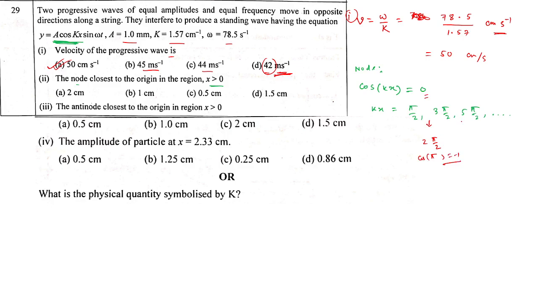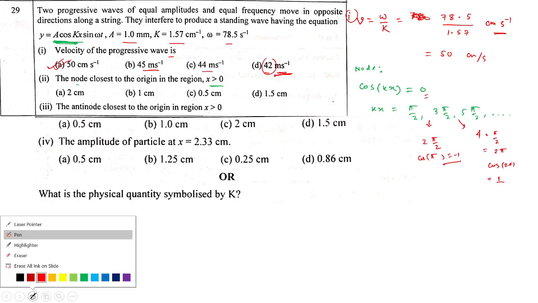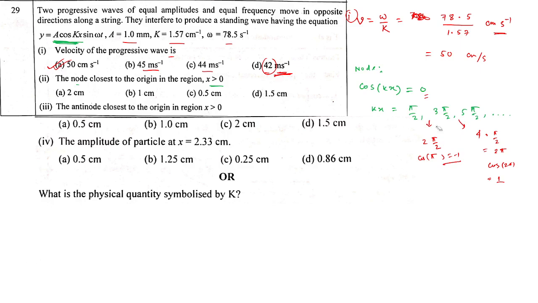Similarly, if you choose 4 into pi by 2, this is actually 2 pi, and cos 2 pi is as if cos 0, that is 1. So this will again not give 0. That is why if kx is equal to pi by 2, 3 pi by 2, 5 pi by 2, then cos kx will be 0.